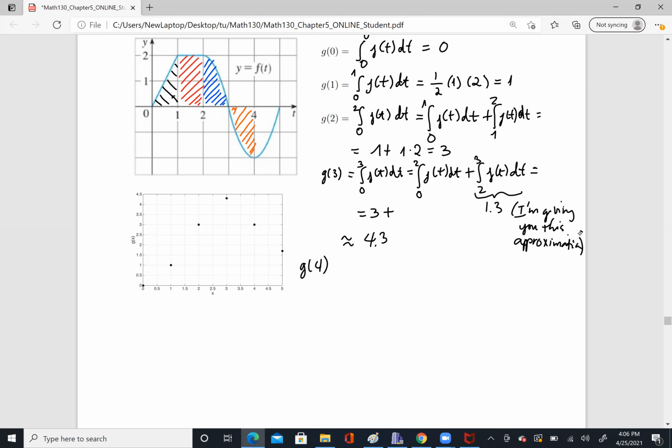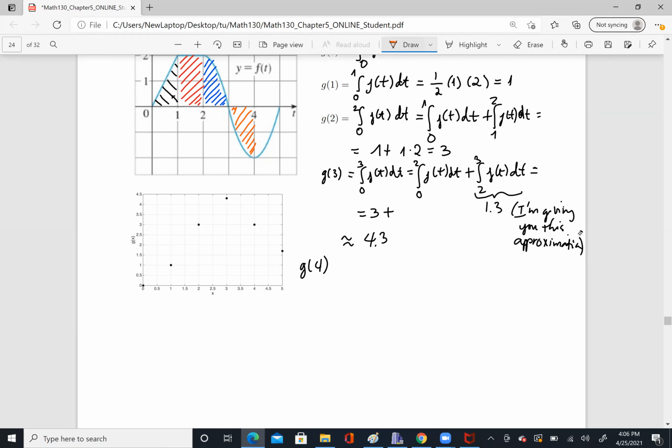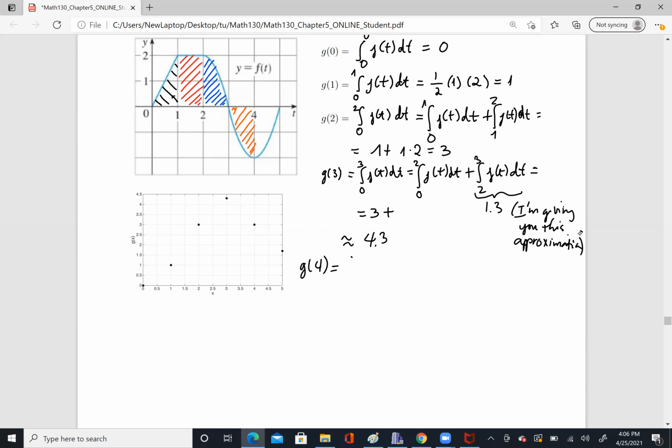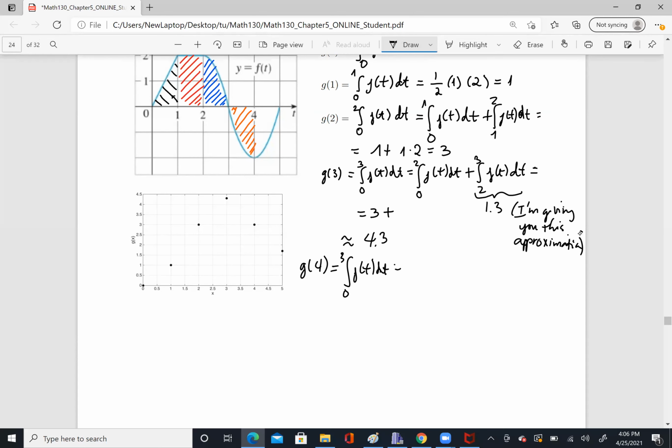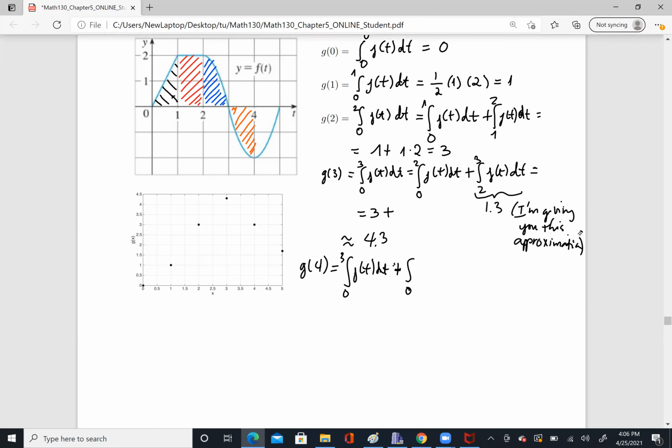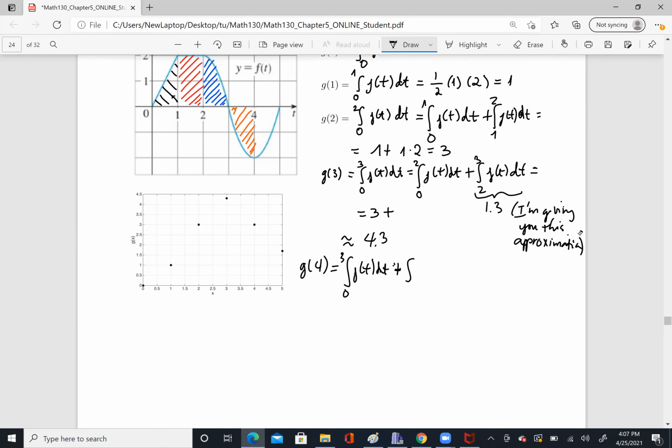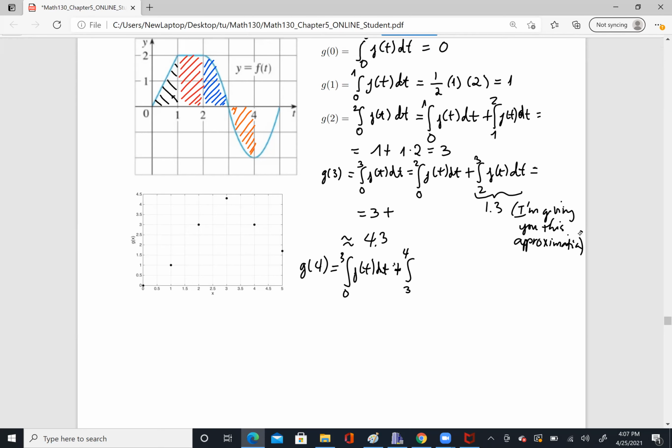So let me use alpha color. Okay, so let's say equal to the integral from 0 to 3 of ft dt, adding with the area from 3 to 4 of ft dt.